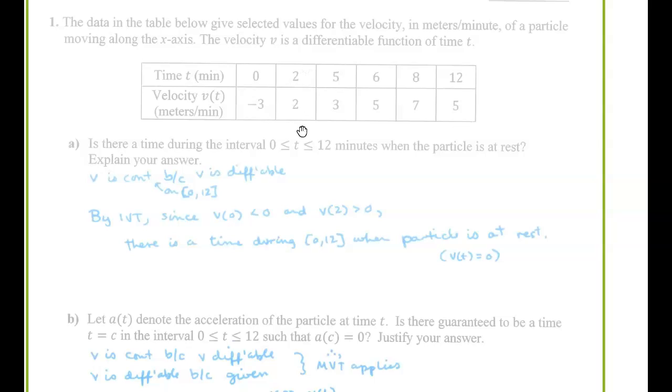Could have even said 0 to 2. They would accept both for an AP answer, but we are guaranteed because of this piece of information.